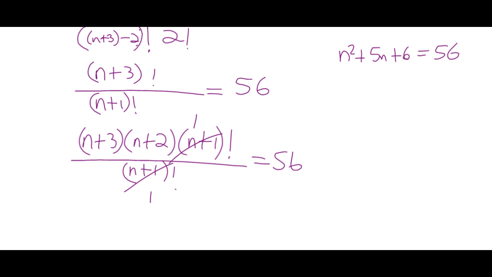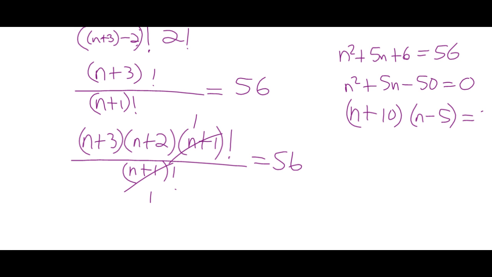Subtract 56 from both sides. Find two numbers that multiply to 50 and differ by 5. One is positive, one is negative. The bigger one is positive, gives you a negative. Cross that off. And n is 5.